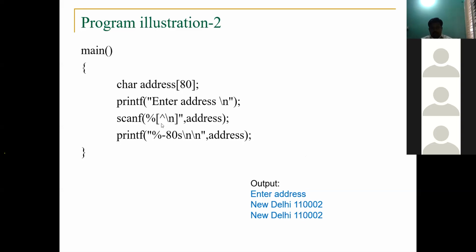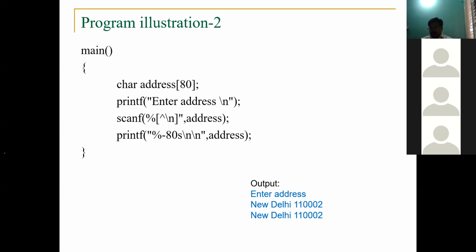See this, I've just replaced it. Instead of A to Z, I've just said caret and \n. Now this caret, as we have already discussed, is like a not operator. It will accept the content of this address until you press the enter key.